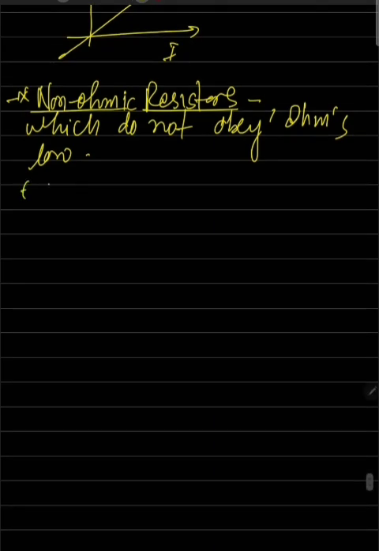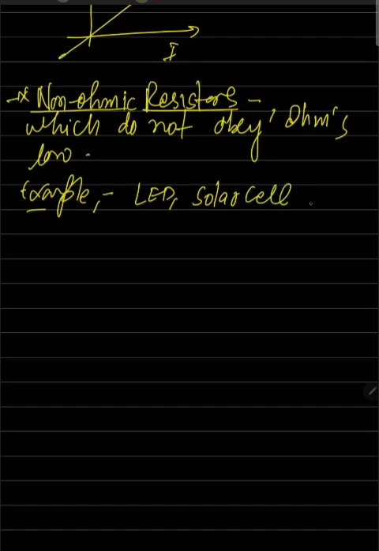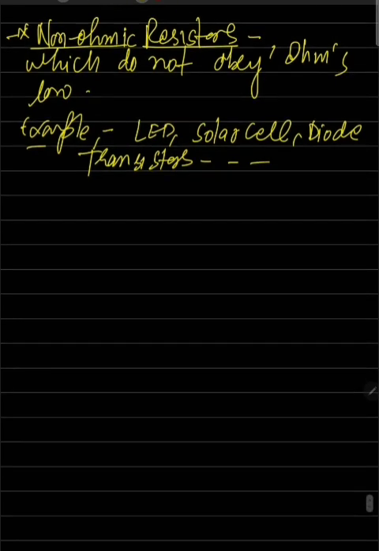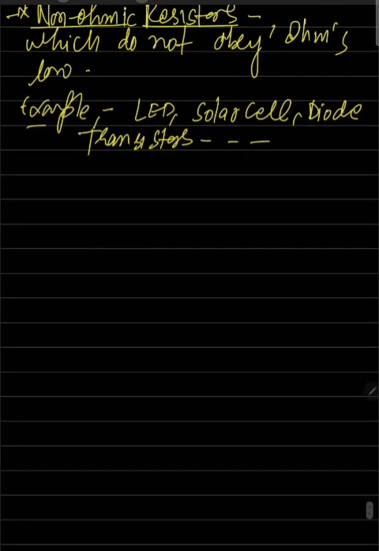Examples we can write: LED, solar cell, diode, transistors. These are called non-ohmic resistors because they are not obeying Ohm's law.